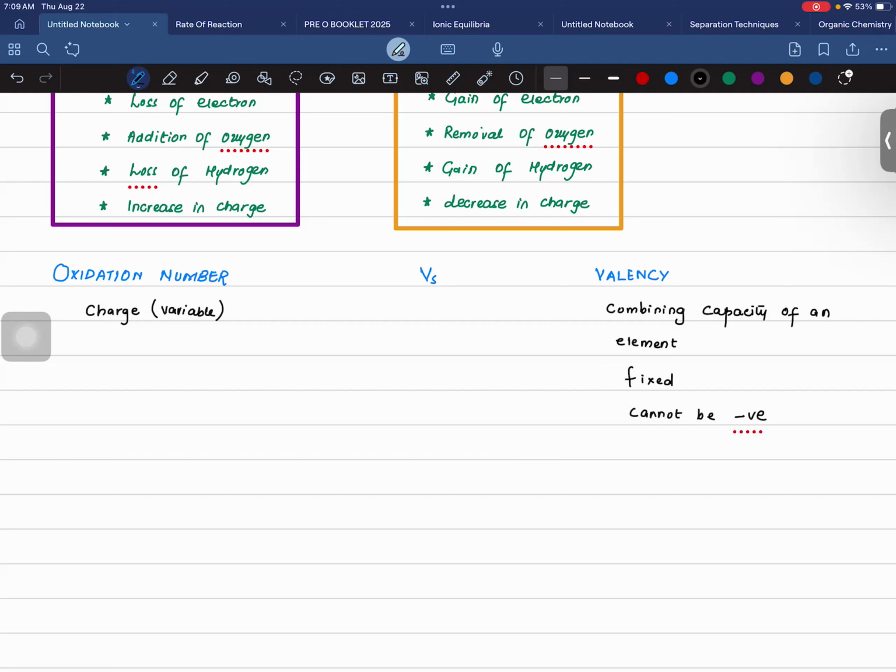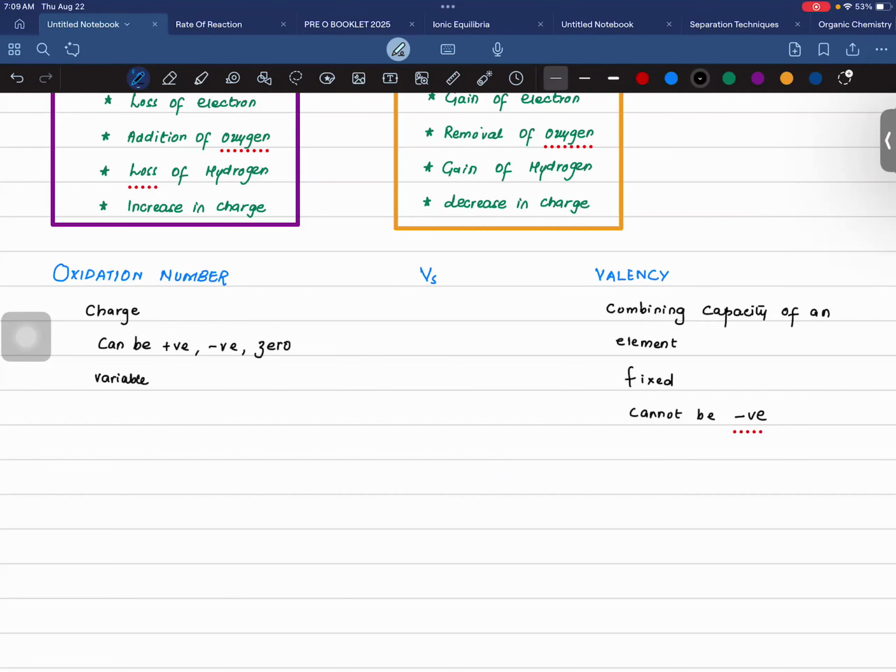The same holds for the oxidation number: it is variable, and remember, it can be negative, it can be positive, and it can be 0.